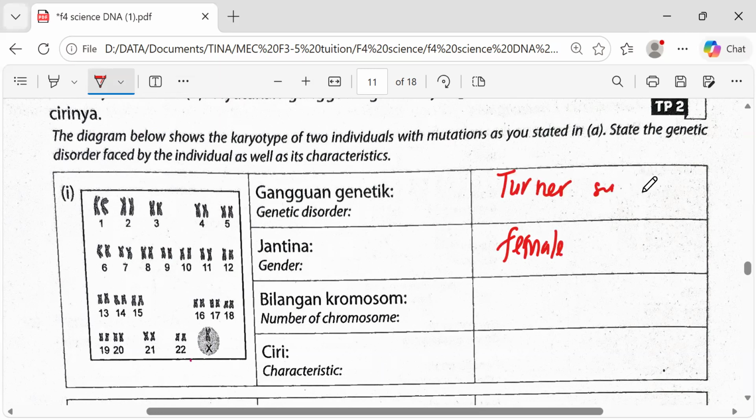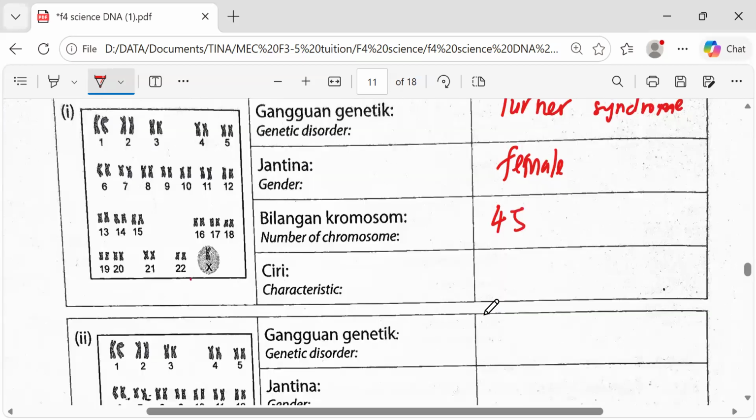Turner syndrome is a girl that doesn't develop fully. She doesn't reach puberty. Okay, so she has 45 chromosomes instead of 46. So she only has one X chromosome. Okay, so she's shorter and has no menstrual cycle. Okay, so this is known as Turner syndrome.